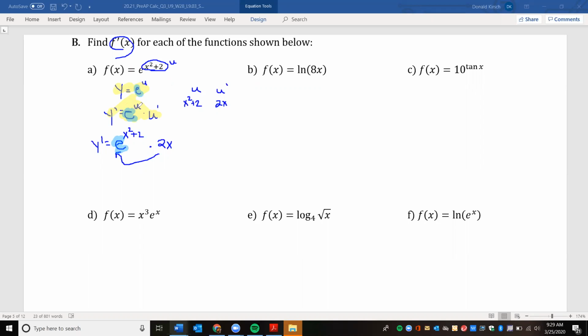And then instead of having a u, I figured out what the u was. u was this whole thing here. So wherever there was a u, I put an x squared plus 2. And for my u prime, I went down and took the derivative, which I did off to the side, right there, 2x. Using my formula, identifying what it is, and then putting things in the correct order.